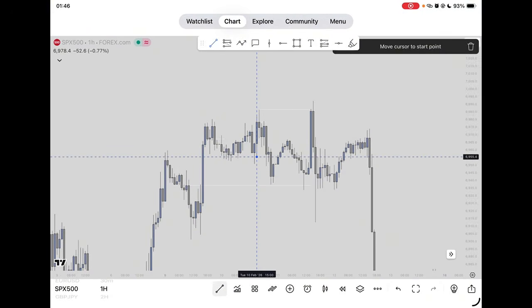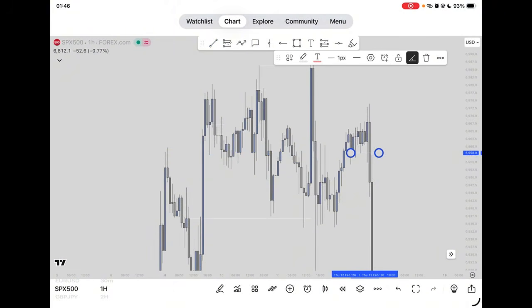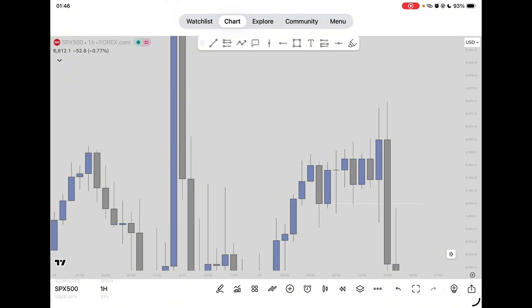Same right here. Price didn't come back to it, but price used it to buy. Remember yesterday I told you anytime you see a V shape, you know that price wants to go higher. Anytime you see an A shape, you know that price is going lower. Do you understand?